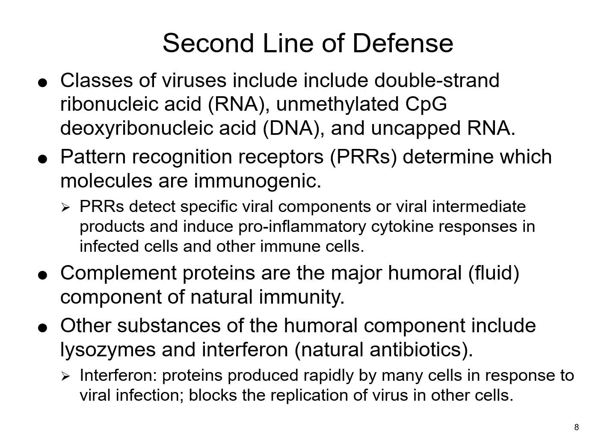Now, in order to understand how that second line of defense works, I just want to add in that different classes of viruses are divided out a little differently. You've got double-stranded RNA, DNA, and uncapped RNA. Depending on the particular virus that someone is exposed to, the body has pattern recognition receptors, which will determine if whatever molecule it's being exposed to is immunogenic.